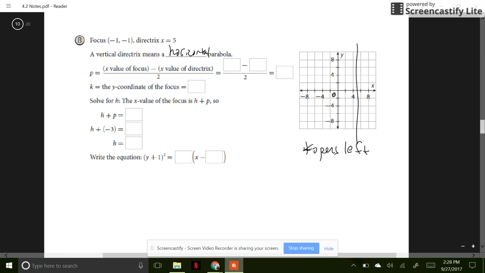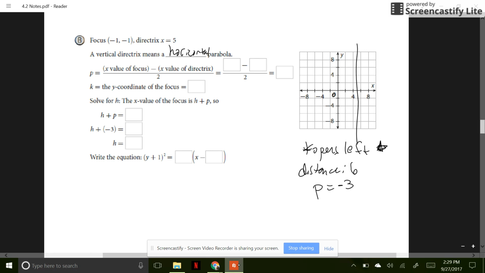So what I always check for next is my distance from my focus to my directrix. It's got a horizontal distance of 6, which means half of that is 3. But because it's opening left, my p value is going to be -3.